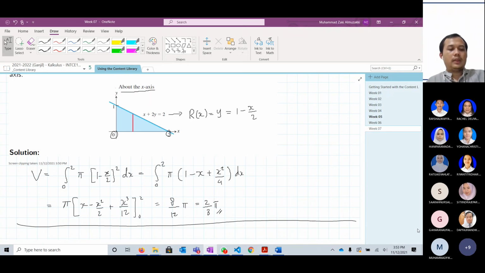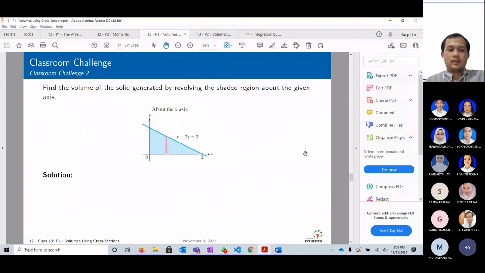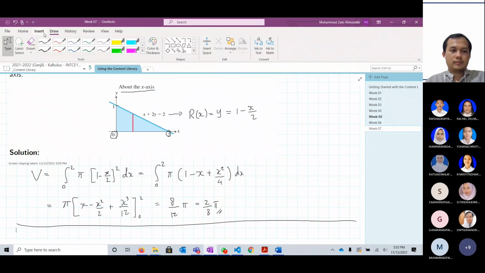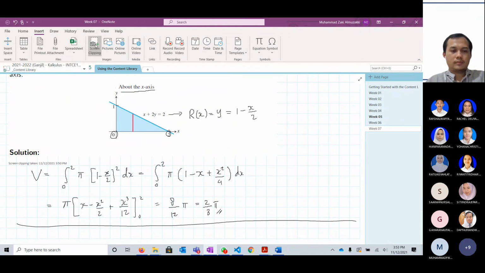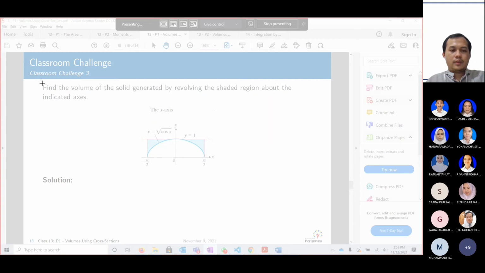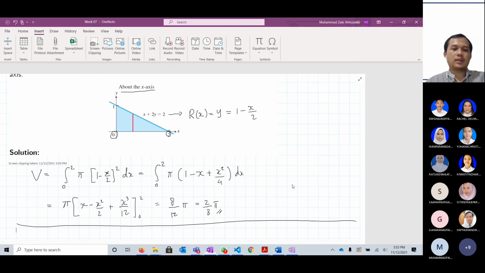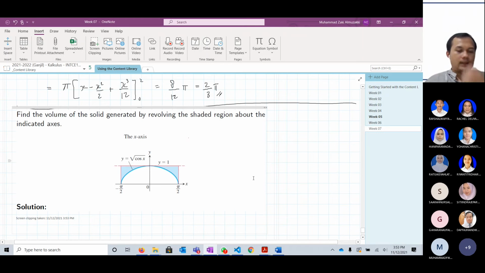This is for this problem, and the next problem is: find the volume of the solid generated by revolving the shaded region about the indicated axis. Here again we revolve it about the x-axis.